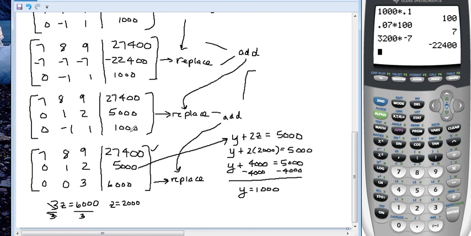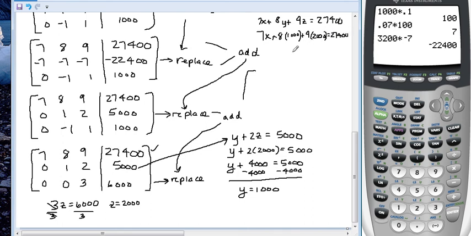So I'm going to take this up. I'm just going to go up here, and I've got 7x plus 8y plus 9z's has to equal 27,400. Well, I know what y and z are. 7x plus 8 times y, which is 1,000, plus 9 times 2,000, is equal to 27,400.